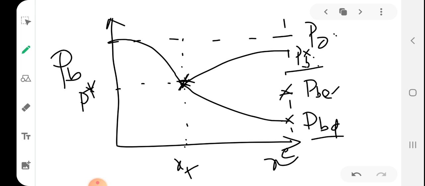So in between PB star and PBE, normal shock won't occur at the exit plane, but it may occur in any section of that divergent portion.